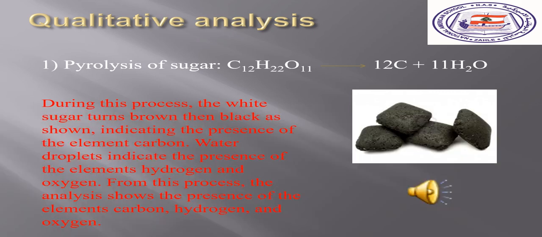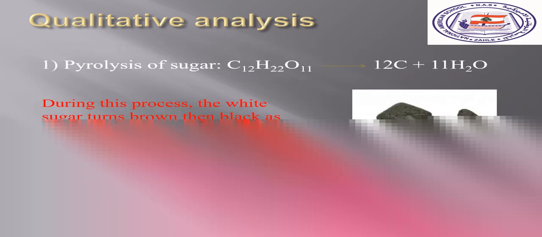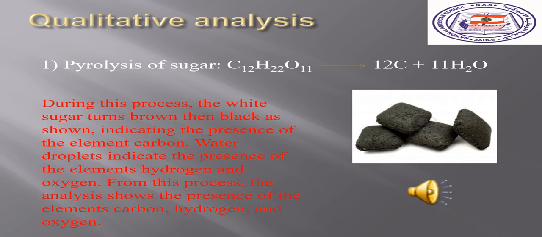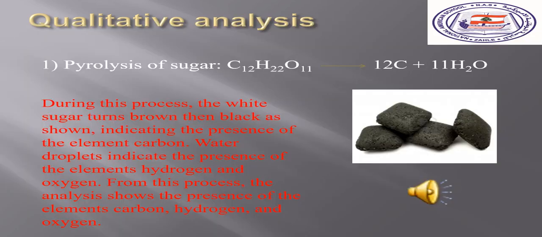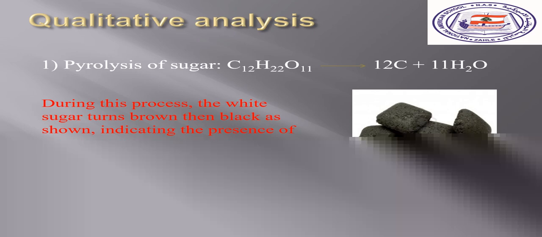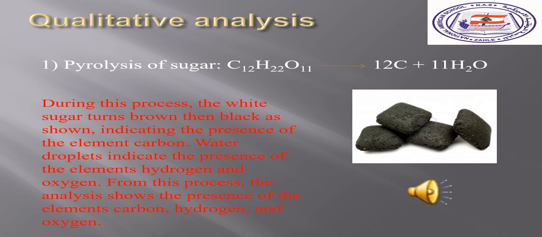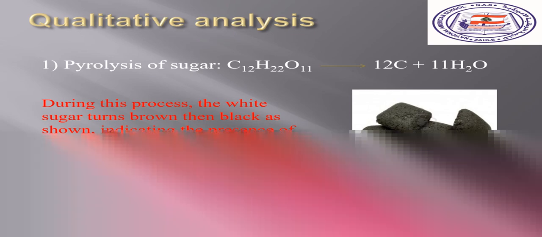Let's start with the qualitative analysis. Number 1, pyrolysis of sugar. Sugar has the molecular formula of C12H22O11. When you burn the sugar, it pyrolyzes or decomposes to produce 12 carbons and 11 H2O molecules.